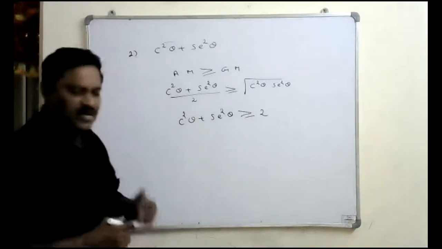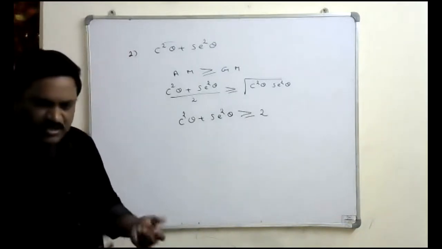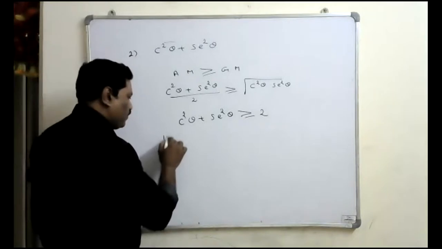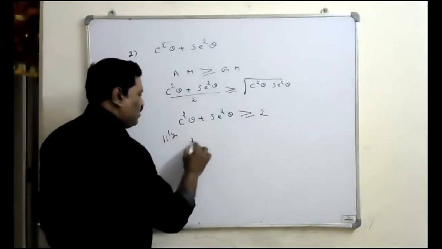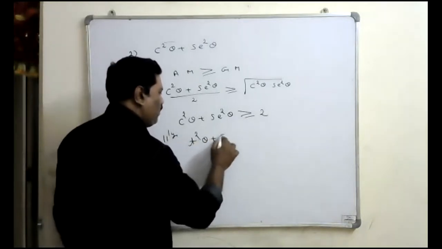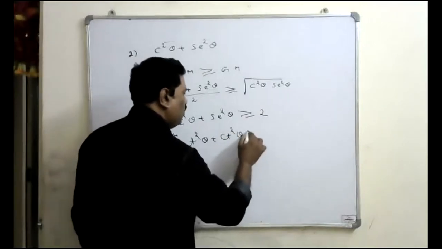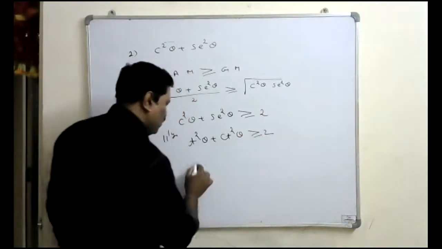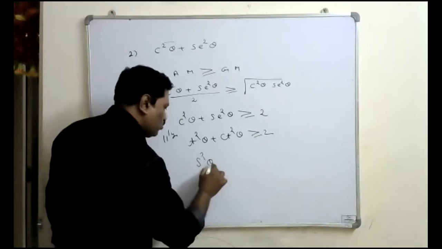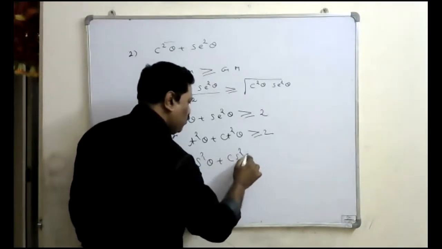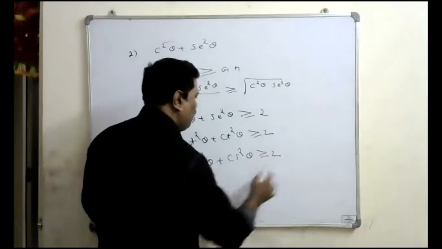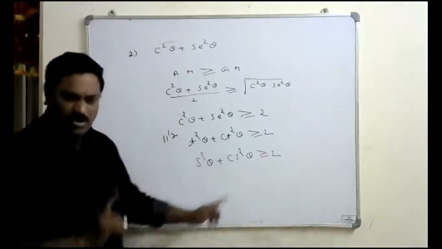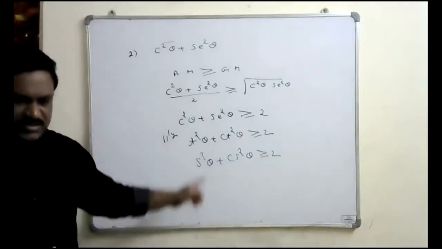Not only this, tan square theta plus cot square theta also the same way, because tan and cot are reciprocals. So tan square theta plus cot square theta also greater than or equal to 2. Similarly, sin square theta plus cosecant square theta value also greater than or equal to 2, because these two are also reciprocal to each other. Okay, so this is the condition.